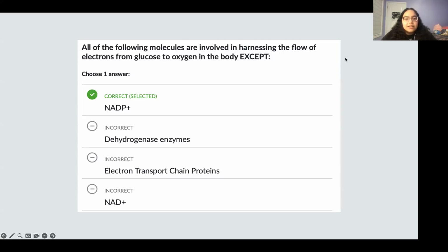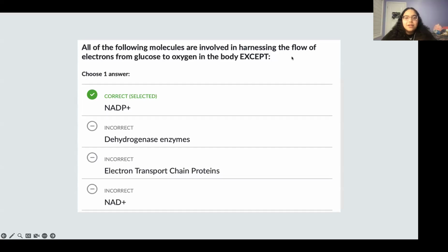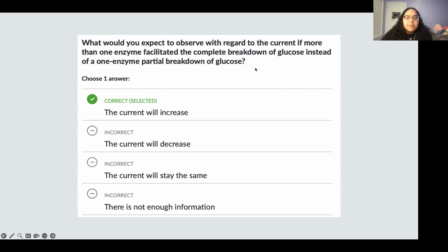NADP as well as NADPH are mainly involved in anabolism and not catabolism. Those are used in the pentose phosphate pathway and such. So I guess I was tying this to biochem.